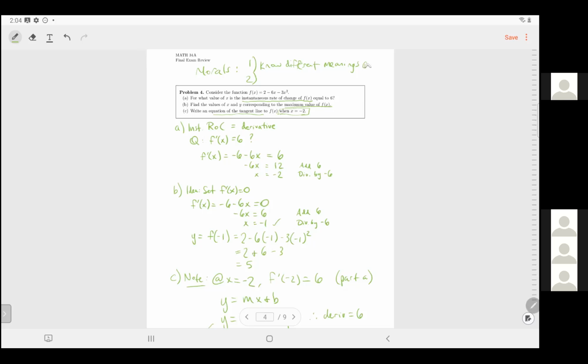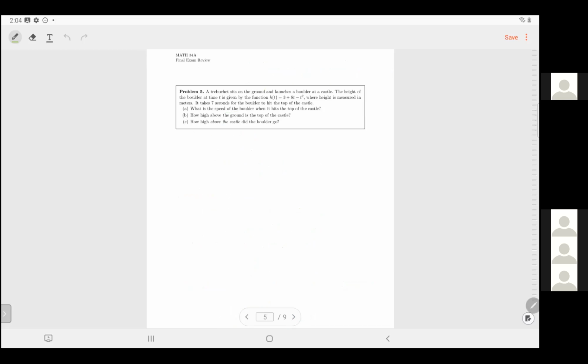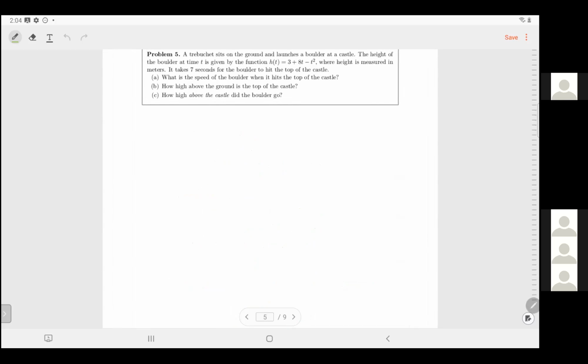But yeah, we'll just say know the different meanings. And then two, again, use previous parts. Cool. All right, we will soldier on and get to our first word problem.